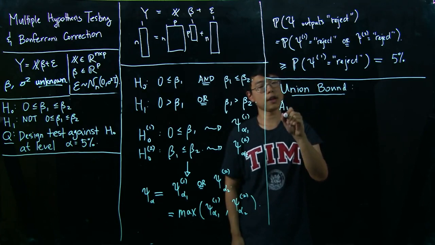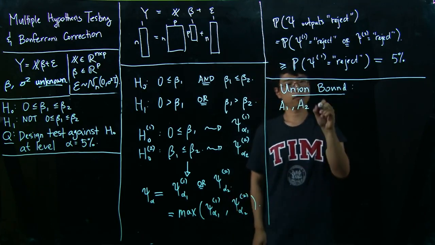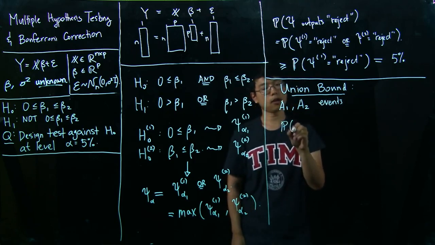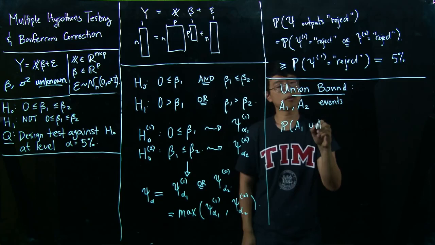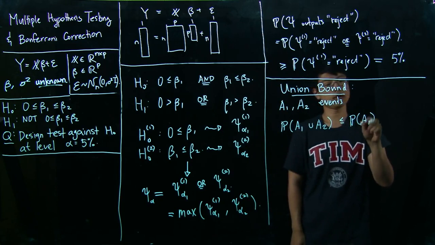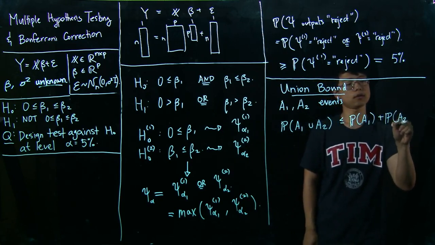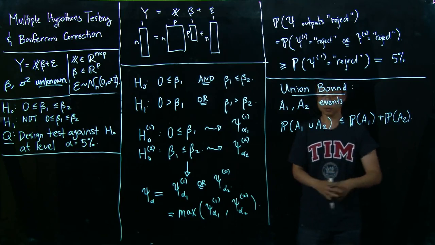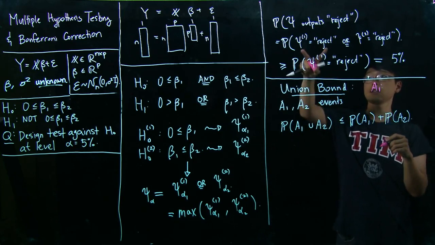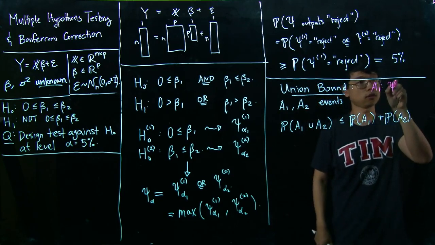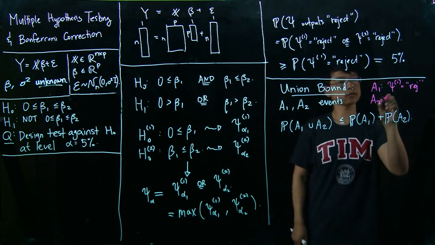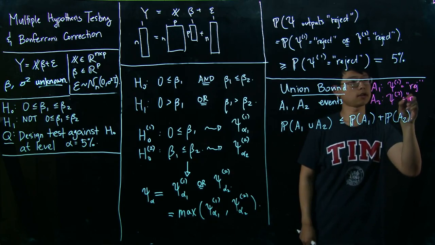If A1 and A2 are events, then the probability of A1 union A2 is at most the probability of A1 plus probability of A2. So here, A1, we should think of as the event that the first test says reject, and A2 as the event that the second test says reject.